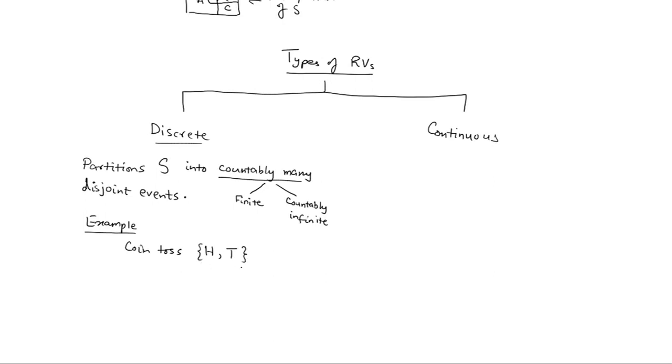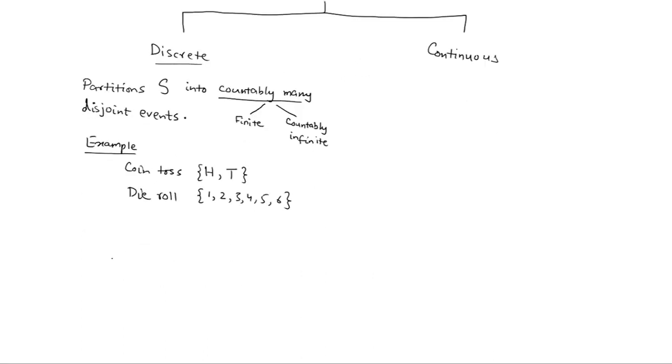Okay, and any random variable based on this partition will also partition the sample space into these two disjoint events. Die roll. It partitions the sample space into disjoint events: event 1, event 2, event 3, event 4, event 5, event 6. These are finite sets. Okay. And so these are discrete random variables.